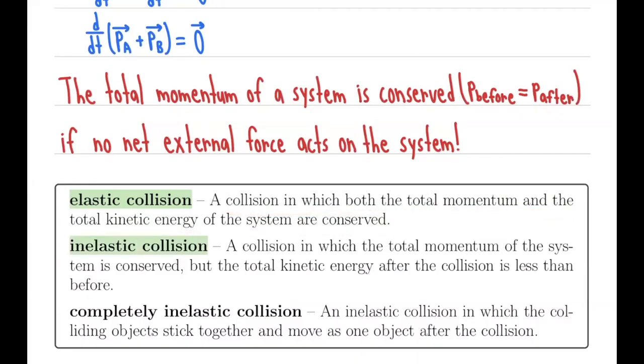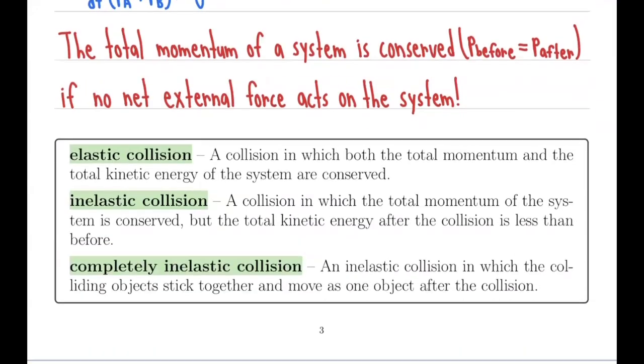An inelastic collision, still the total momentum of the system is conserved, but the total kinetic energy after the collision is less than before. So there was some loss of kinetic energy. There's completely inelastic collision. It's a special kind of inelastic collision in which the colliding objects stick together and move as one object after the collision.